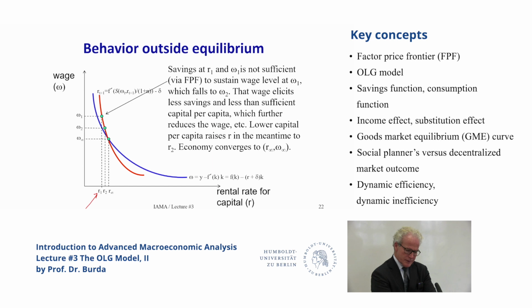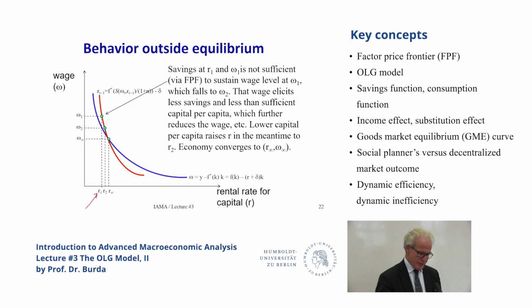So the marginal product of labor falls to W2, and that wage leads to less savings through the income effect, and then there'll be less capital per capita, and therefore there'll be lower wage. Remember, the less capital intensive we have, the lower the wages, the lower the marginal product of labor is.